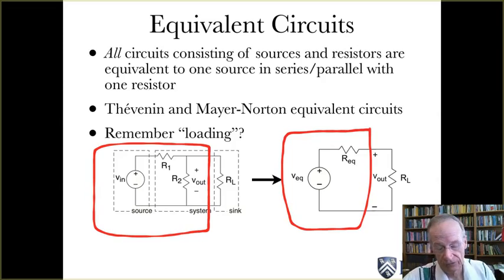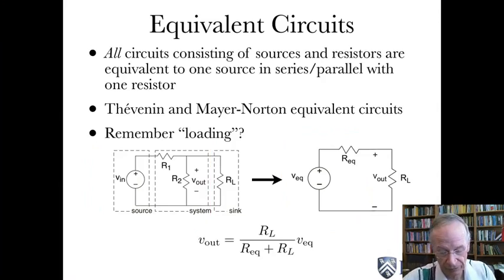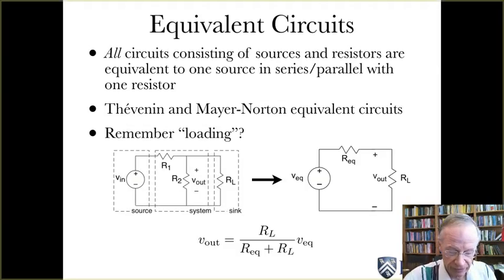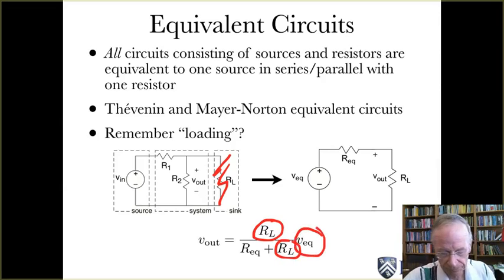Well, it's the voltage divider. It's very easy to find. And what values of RL will allow V out to be equal to VEQ? Because when RL is infinity, that's the same as attaching nothing, and that's where we started. So I know that the output that I want is VEQ.